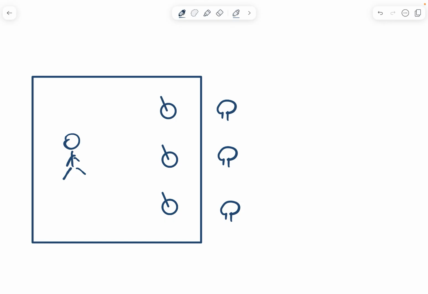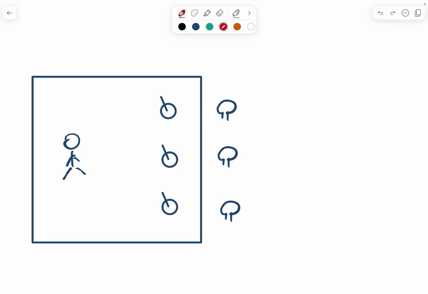You can control the 3 switches, and the 3 switches are randomly connected to one of the light bulbs outside of the room. So for example, the first switch might be connected to this one, or it might be connected to this one, or it might be connected to this one as well. So you never know until you go outside of the room.